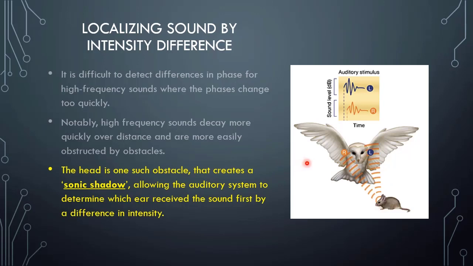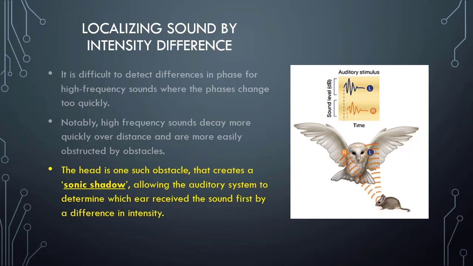So if the sound comes in from this side, the head blocks it, and that means the left ear gets a slightly quieter sound. And so some difference between the amplitude of the signal at the left and the right ear will occur, and our brain can detect those differences in intensity.